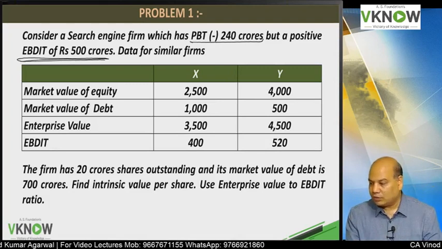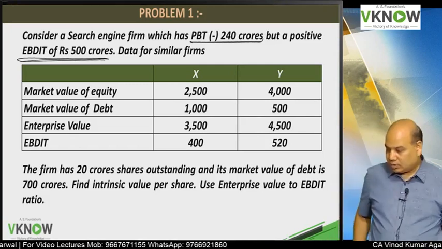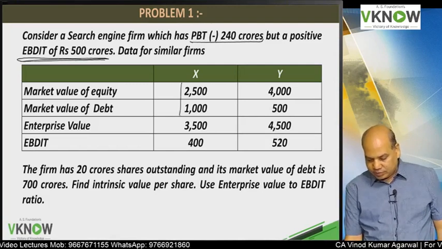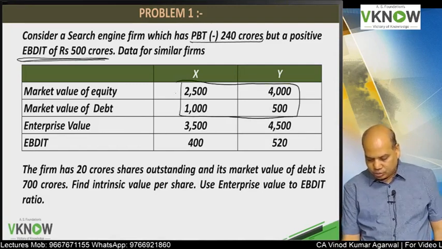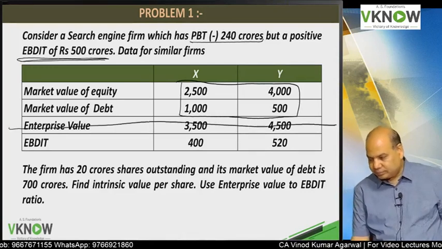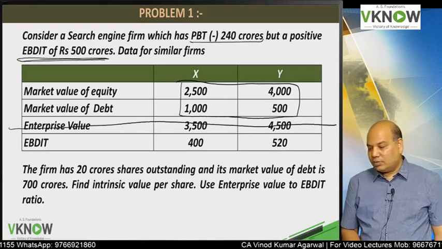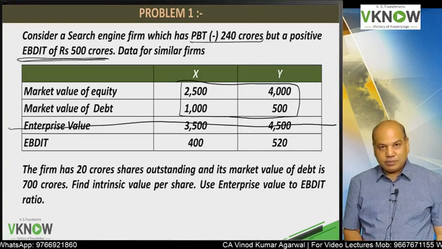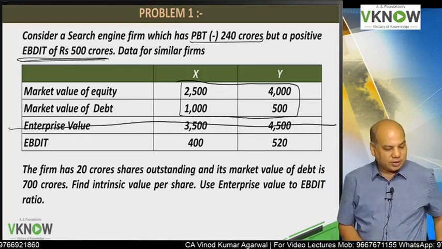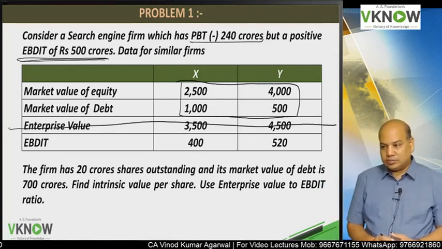Their market value of equity is given, market value of debt is given, enterprise value is given. Enterprise value means the sum of these two. If in the exam this line is not given, then enterprise value in this question would be value of equity plus value of debt. And these two comparable companies have earning before depreciation, interest and tax of 400 and 520.